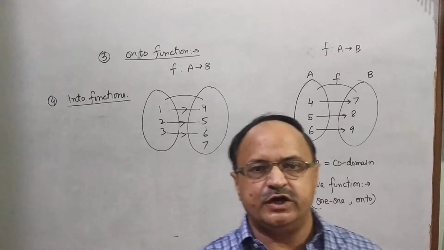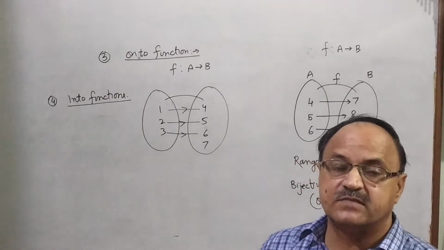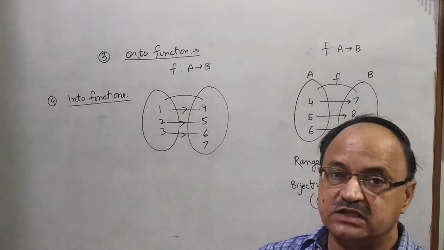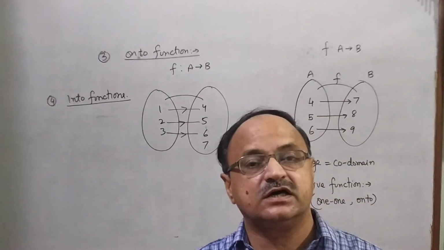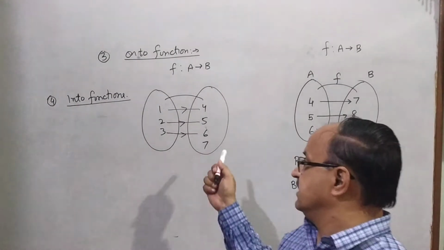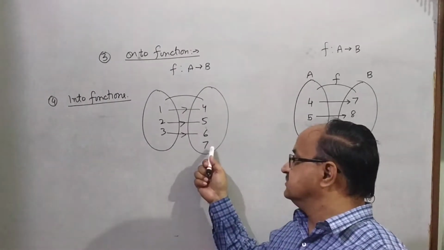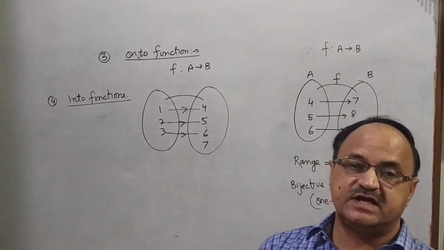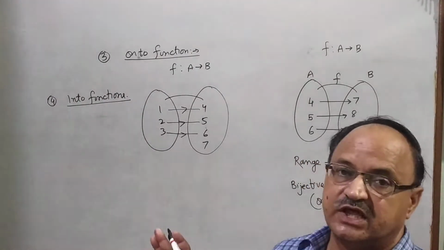What is the definition of an into function? At least one element in the codomain has no pre-image in the domain. Now you know that the element 7 has no pre-image, therefore it is called into.